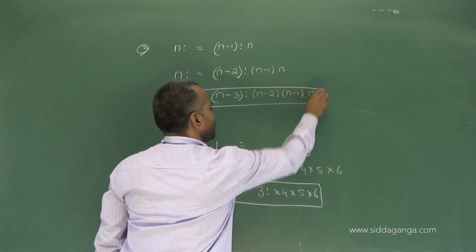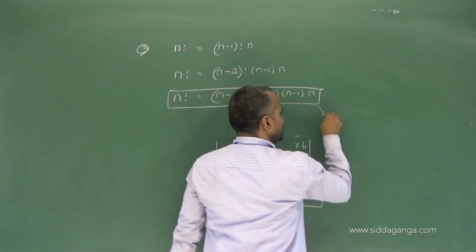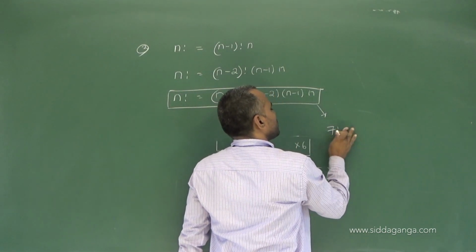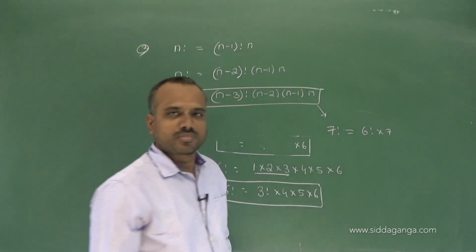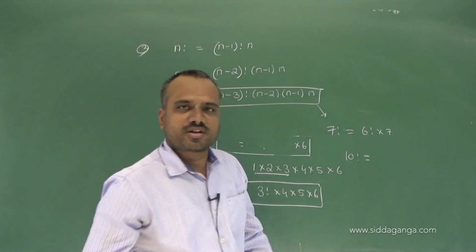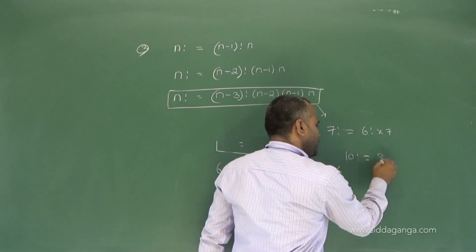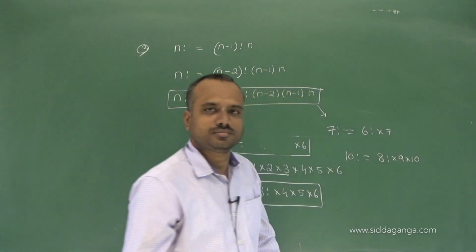This is a very important concept. 7 factorial, by seeing this one, we can write as 6 factorial into 7. 10 factorial we can write as 8 factorial into 9 into 10. Correct?